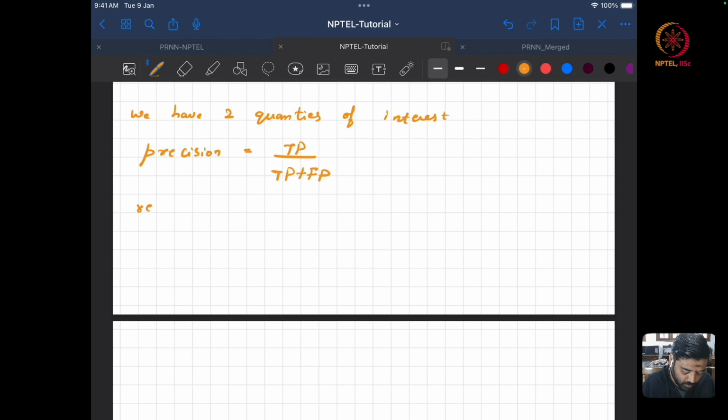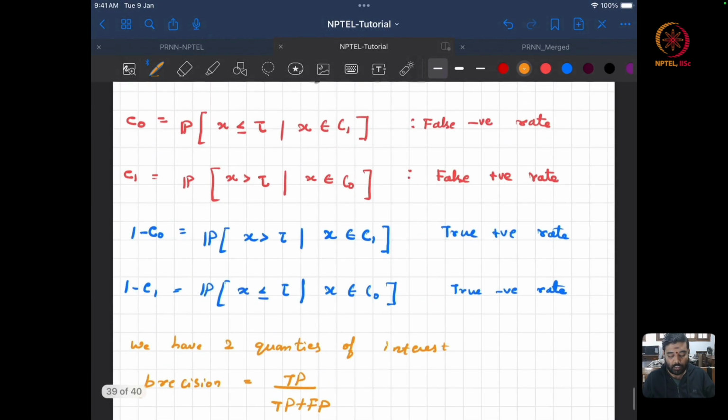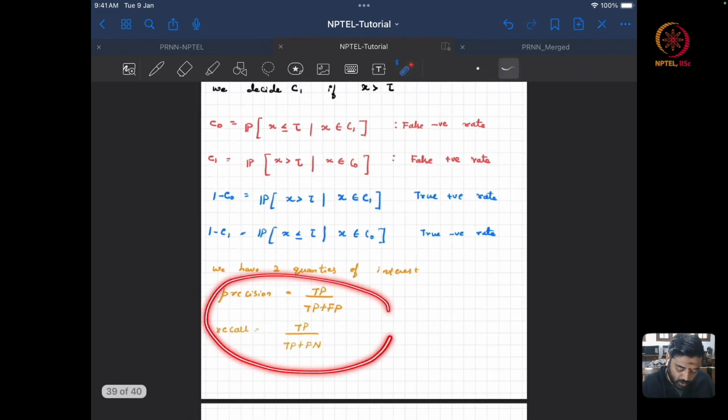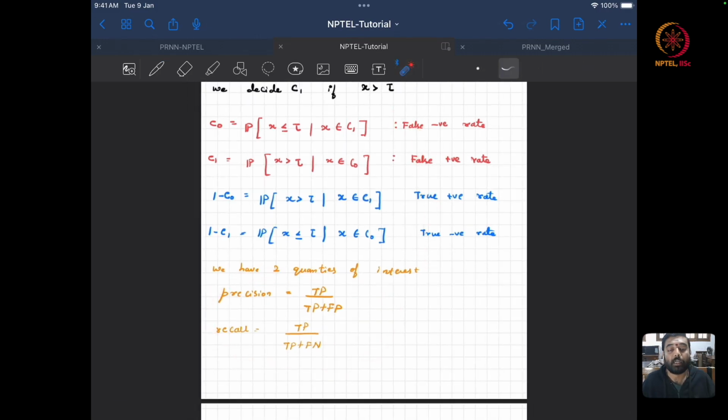And then we have recall, that is true positive divided by true positive plus false negative. I assume that you will be able to write these in terms of these probabilities.